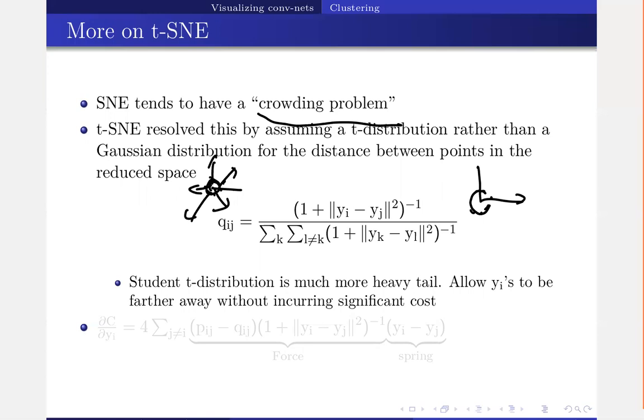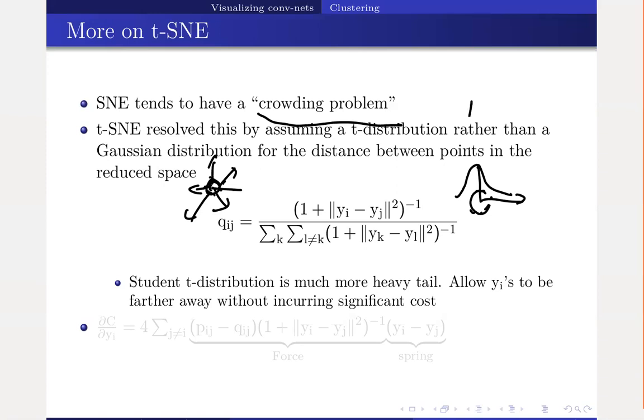So one way to mitigate this is to reduce the constraint here, so that Q is not as concentrated as in the SNE case.